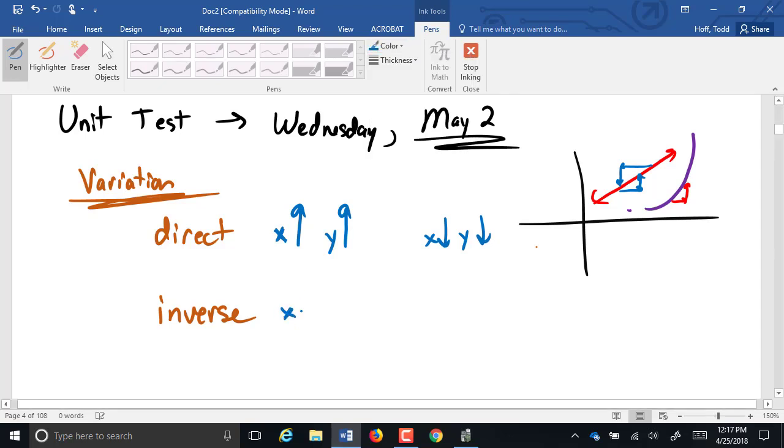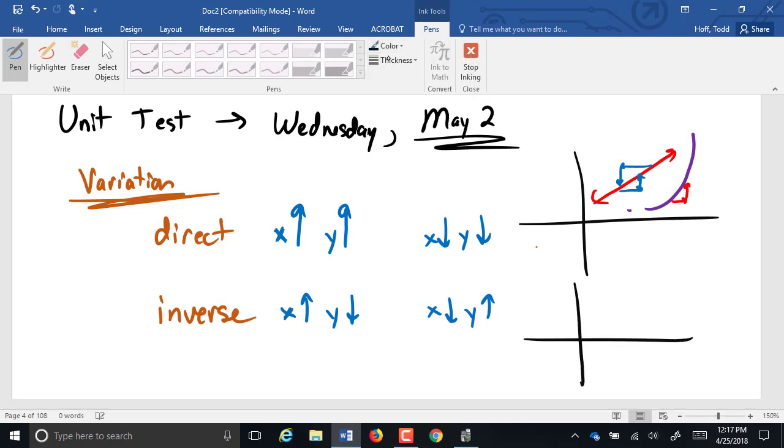For inverse, it's the opposite. If x gets larger, y has to get smaller. Or if x gets smaller, y has to get larger. So if that were a linear relationship, it would have a negative slope. You can see x gets larger, y gets smaller.